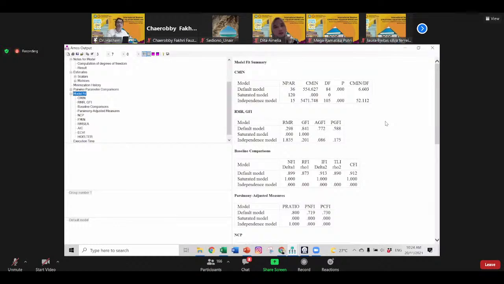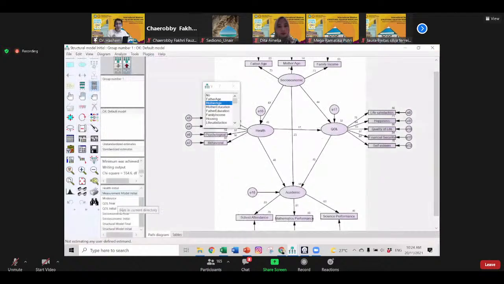This is another story. You can learn how to analyze the modification indices and come up with the final model. Consider I already did the modification indices, and you can learn by yourself later. Then you come up with the final structural model.